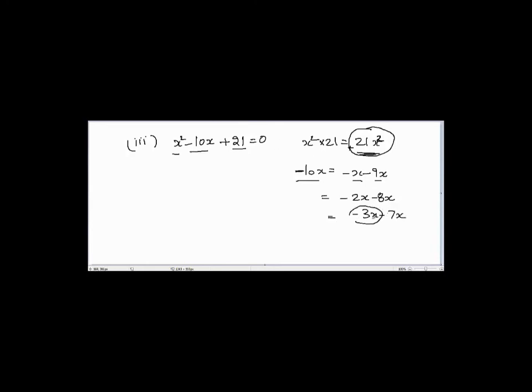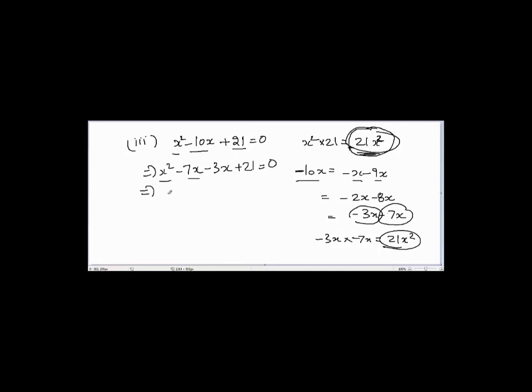Now I check the product of these two terms. Minus 3x times minus 7x is equal to 21x squared, and I want this. So I split minus 10x into minus 3x minus 7x plus 21 equal to 0.